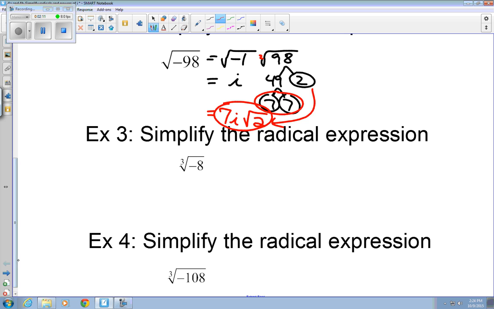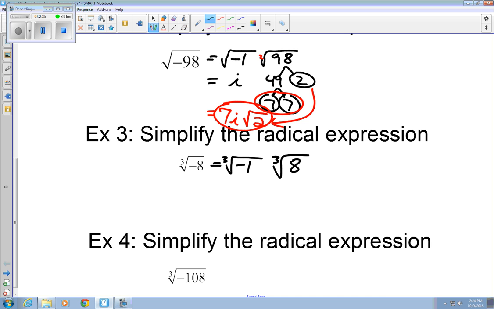Example 3, we have the cube root. Careful now, it's cube root of -8. So let's break it down, we have cube root of -1, and then we have the cube root of 8.